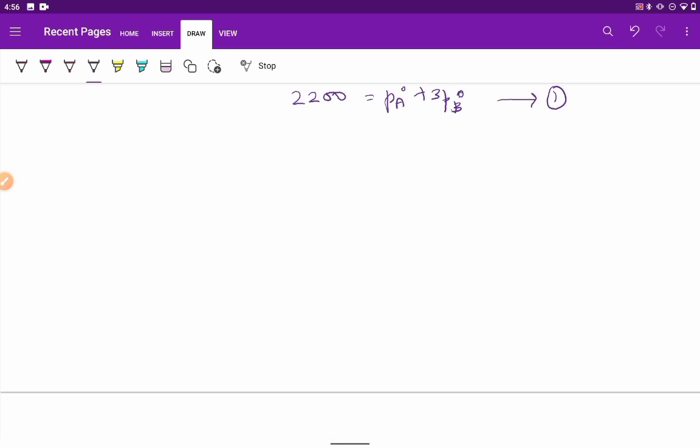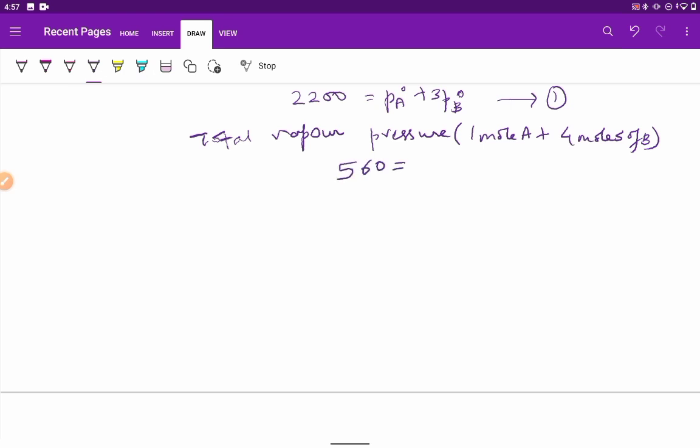Now in the second case, when we are adding 1 mole of B again, the total vapor pressure here is 1 mole of A plus 4 moles of B. Here it is now 10 millimeter mercury increased, so that will be 560.